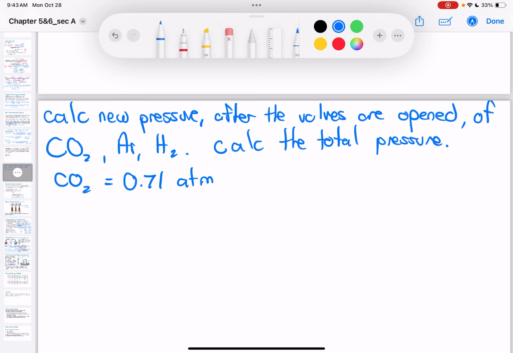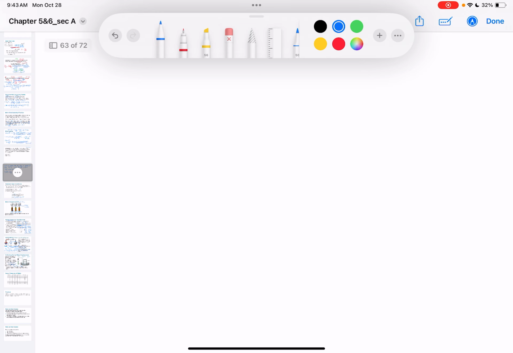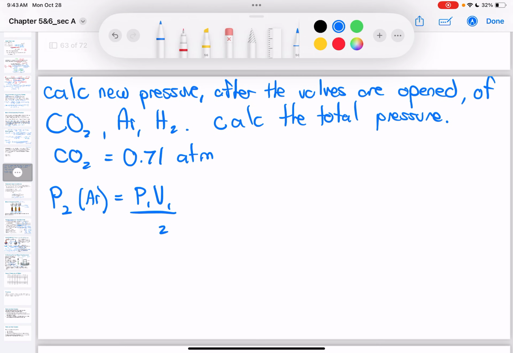Okay. The pressure of argon, again, for each of these we're doing the new pressure, pressure 2 of argon is going to be P1 V1 over V2. Oh no, it just zoomed in. I thought it erased it.